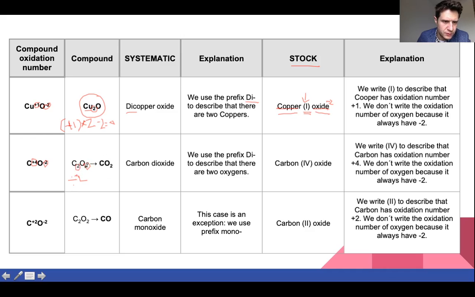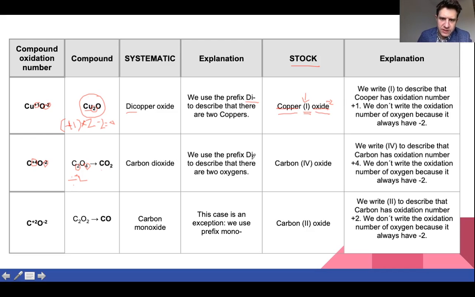We don't write it. 4 divided by 2 is 2. We write it. Okay, so we have carbon dioxide. This is very simple in English because in Spanish it's the other way around. We will say dióxido de carbono. But in English we read it from left to right, and we write it also like that.